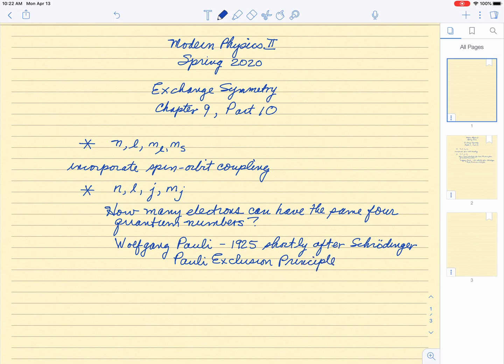And so let's see how that comes about. So, and again, to put the cart in front of the horse, this comes about because electrons are indistinguishable.